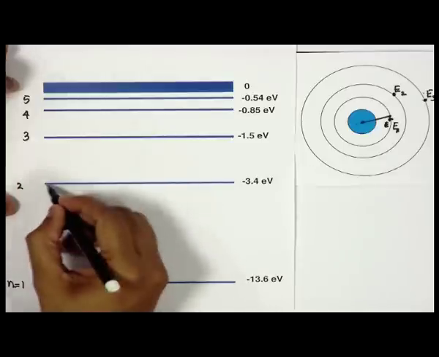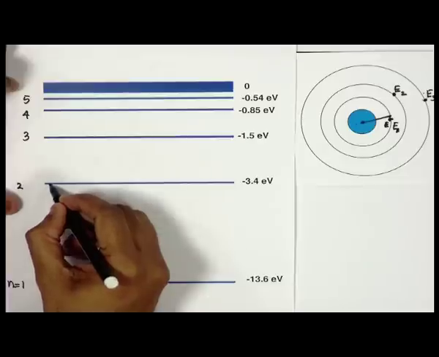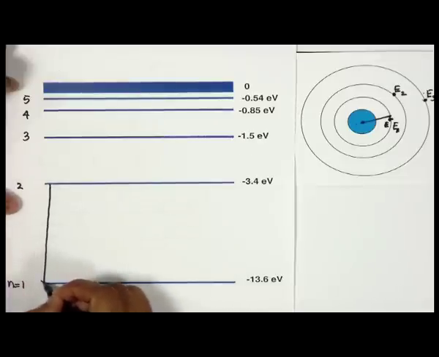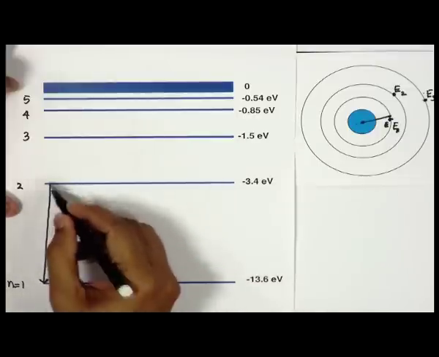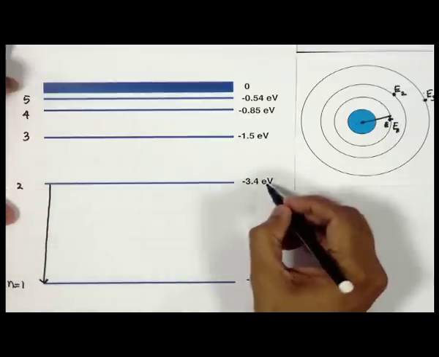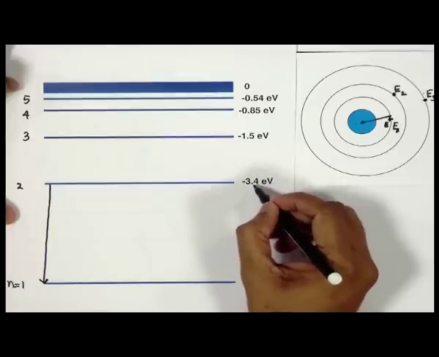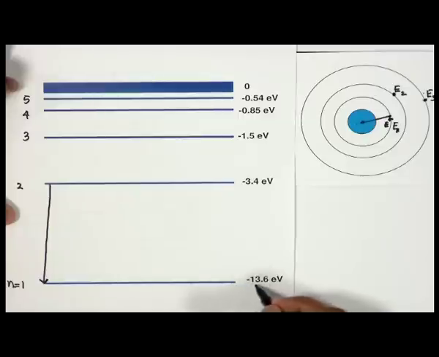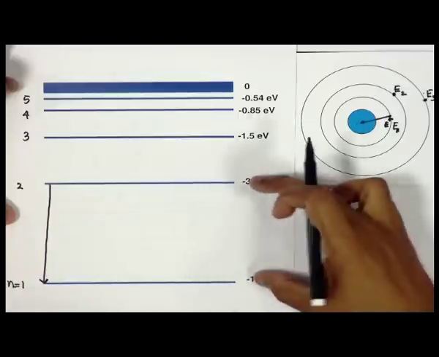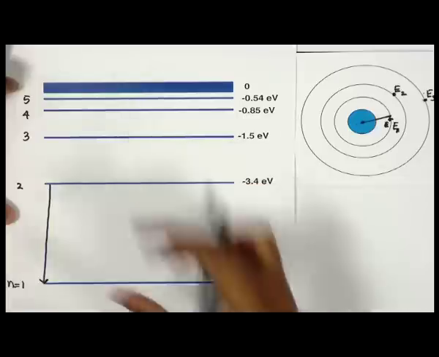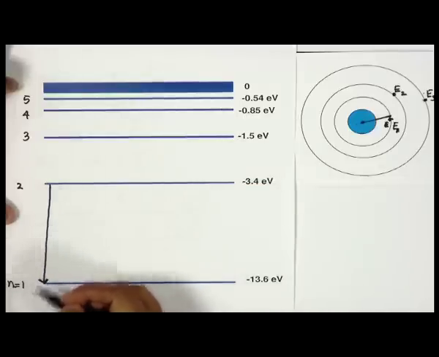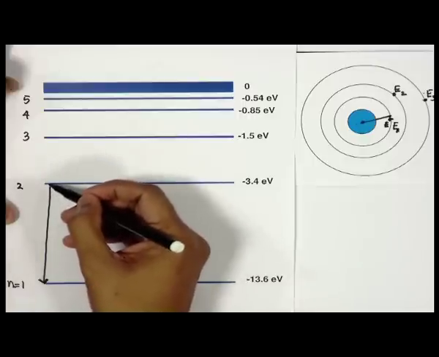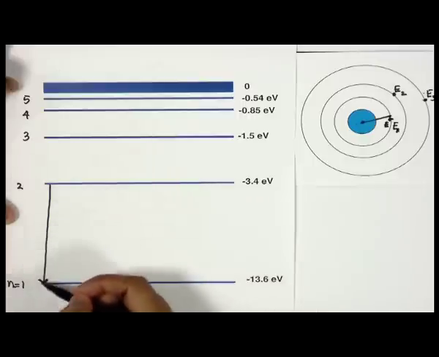If it is in state 2, it can come down to 1, that is one emission. What will be the radiation coming out of this process? The radiation corresponding to the energy, that is minus 3.4 minus minus 13.6 electron volt. This energy difference corresponds to a particular frequency, and that will be the frequency of the light that comes out when the electron jumps from the second orbit to the first orbit.